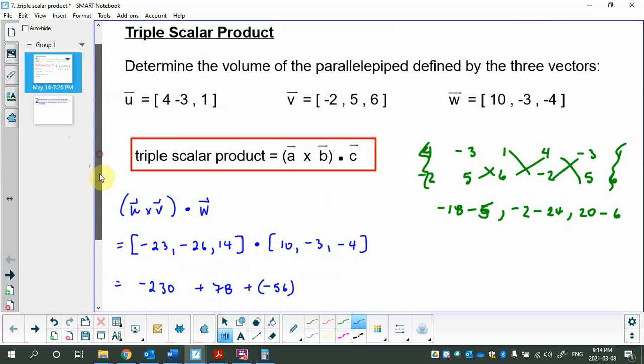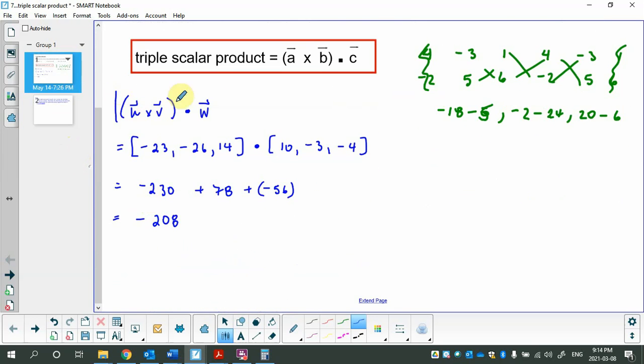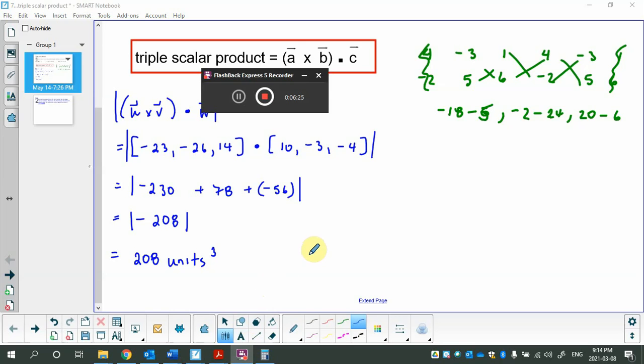So what we do when we get a negative answer is we throw on the absolute values, and absolute values means once you're done all the math, so it's kind of like having brackets, once you're done all the BEDMAS stuff in between, you get to take whatever this answer is and make it positive. And I don't know what kind of units these are, but I'm going to say units cubed rather than centimeters cubed because I'm not quite sure. All right. Oh my gosh, that is my all-time quickest lesson.